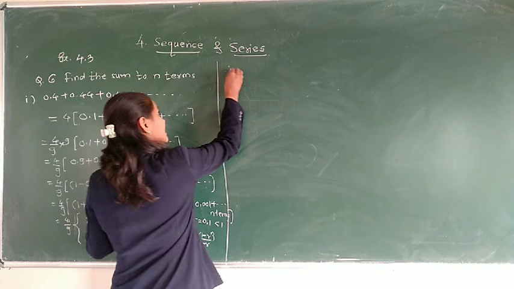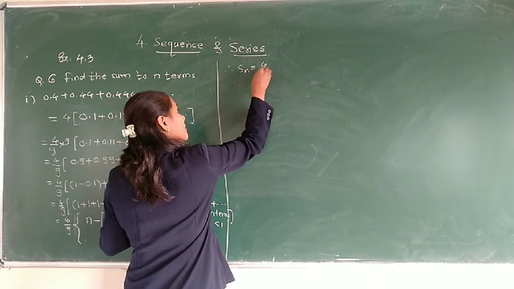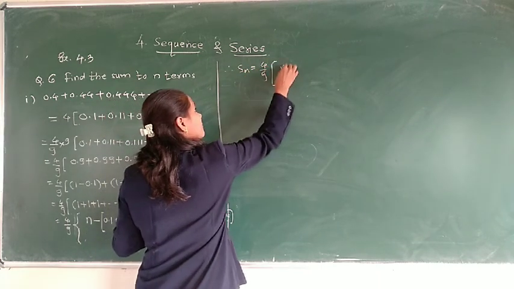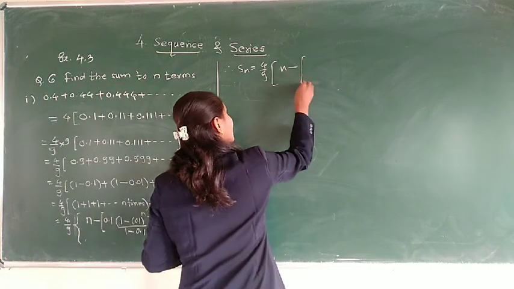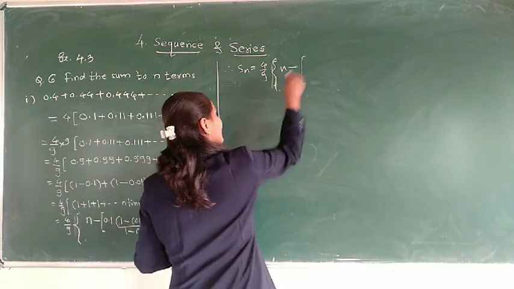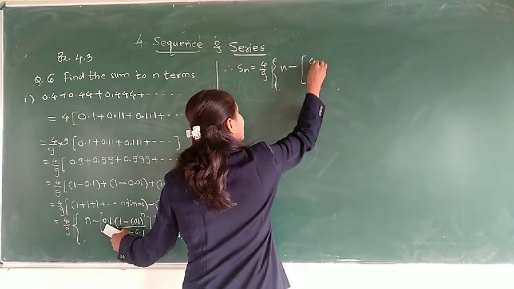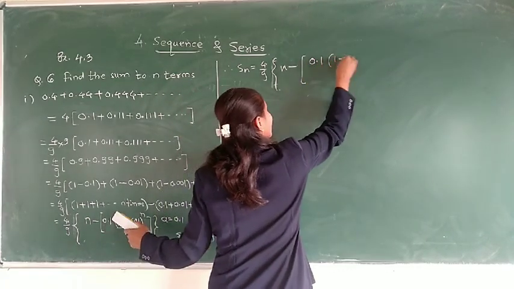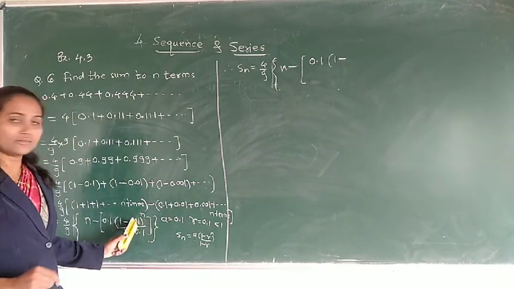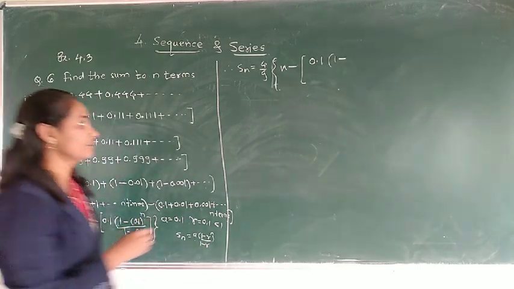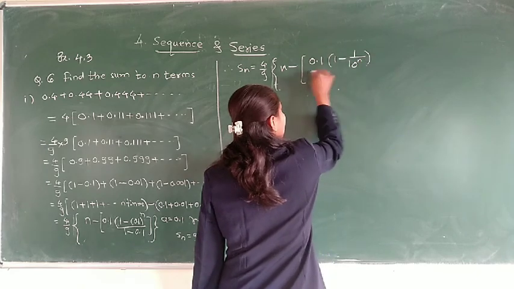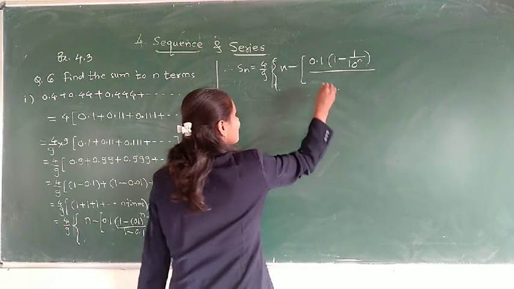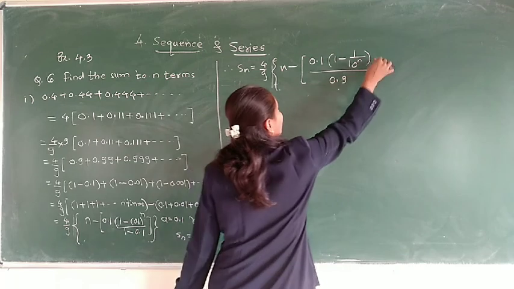Therefore Sn is equal to 4 by 9, n minus, in the curly bracket this 0.1, in bracket 1 minus 0.1 can be written as 1 upon 10 raised to n, divided by 1 minus 0.1, which is 0.9.